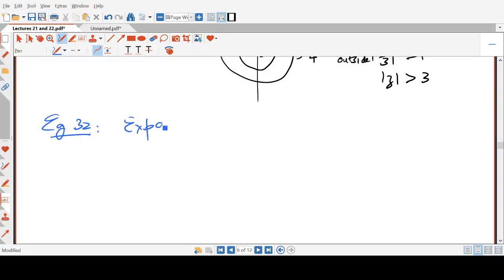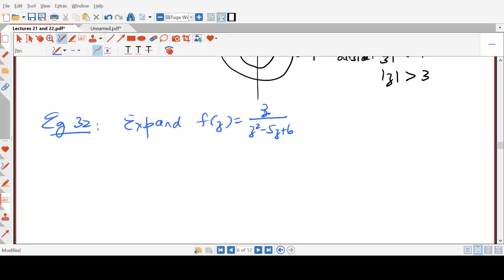Expand f of z, the same one, z over z squared minus 5z plus 6, that converges for z equals 4. I didn't say mod z equals 4. Mod z equals 4 is a set. Z equals 4 is just a point. 4 plus 0i.